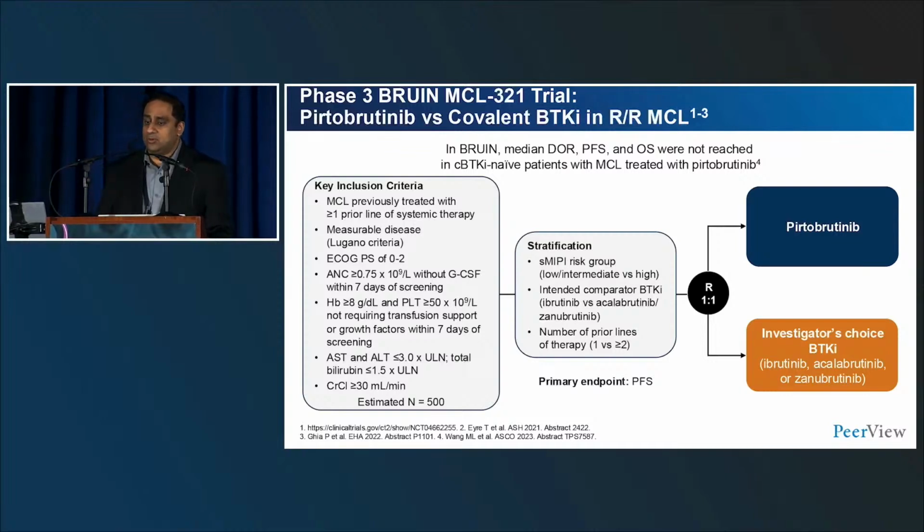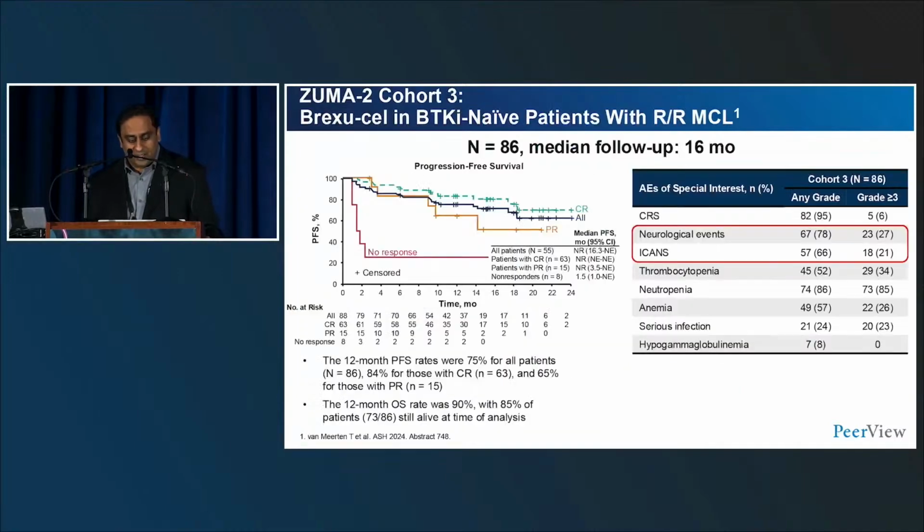So randomized controlled trial, one arm got pirtobrutinib, the other arm was dealer's choice, so it's not a blinded study, but the investigator got to choose between ibrutinib, acalabrutinib, and zanubrutinib. It's a global study, so those in Europe probably got ibrutinib. Here in the US, most patients got acalabrutinib or zanubrutinib. This study is completely accrued, and we look forward to seeing results from this in the near future.